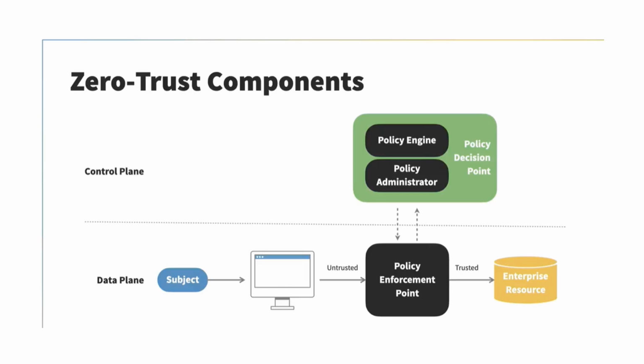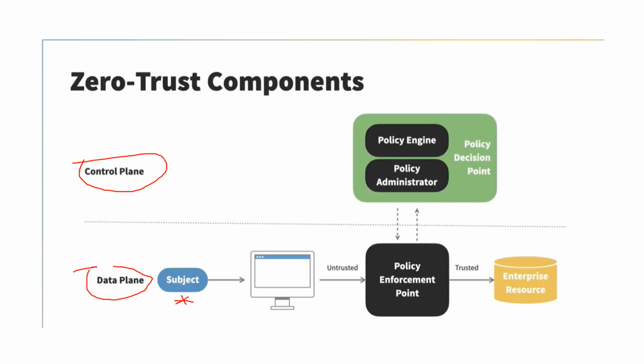This picture explains basically how the zero trust components work together. So first we have the control plane and the data plane. We have a subject, which is either a user or it could be an application or a process that needs to access data.